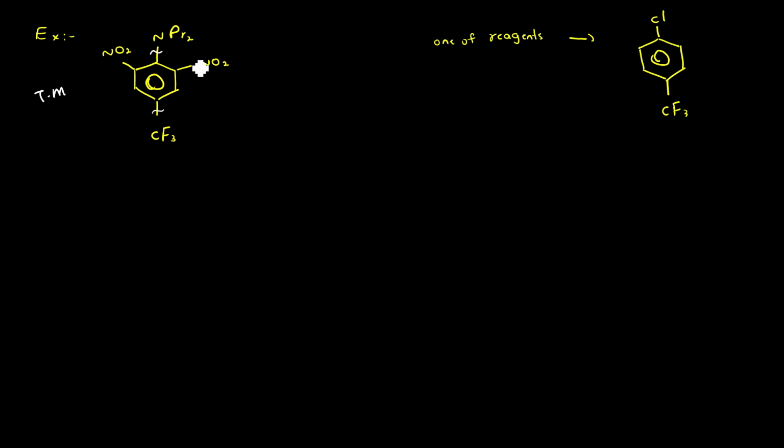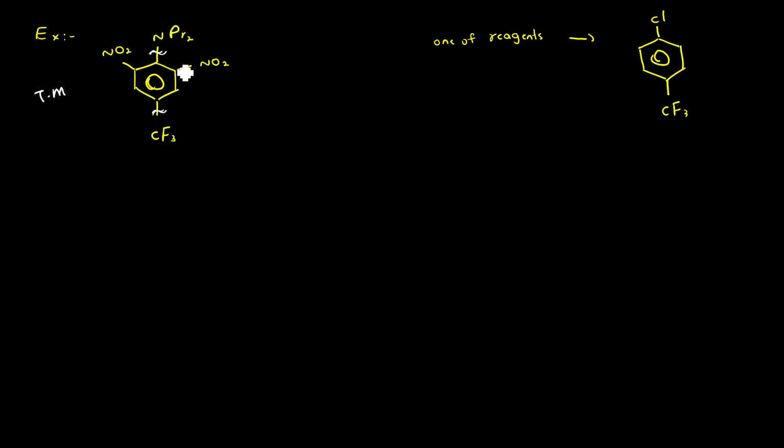In your retrosynthesis process, if you remove this part and this part from your benzene ring with a disconnection, you are left with these two NO2 groups. NO2s are deactivating the benzene ring, so you are left with a deactivated benzene ring. Try to avoid deactivated benzene rings because they don't have that much reactivity. Always try to achieve an activated benzene ring. That's why you cannot go through this pathway with the disconnection through these bonds.